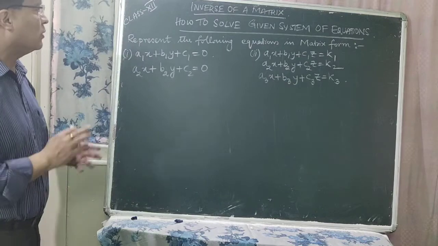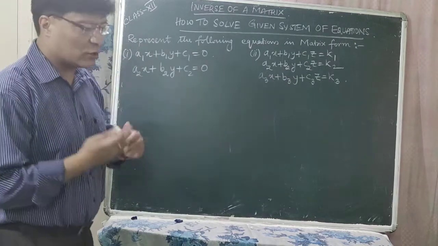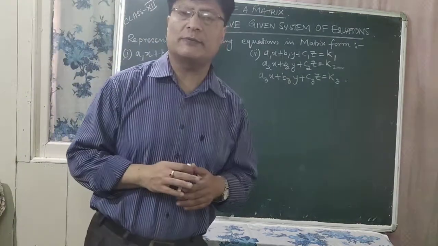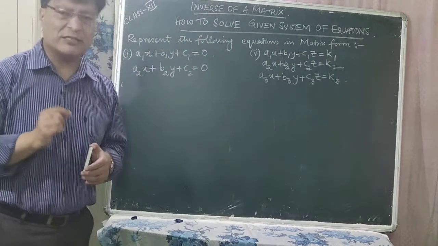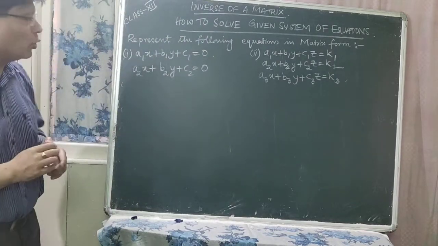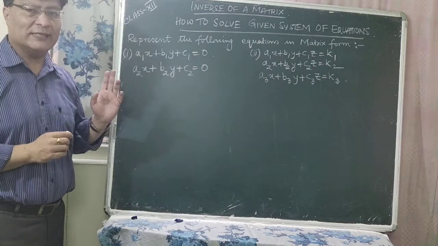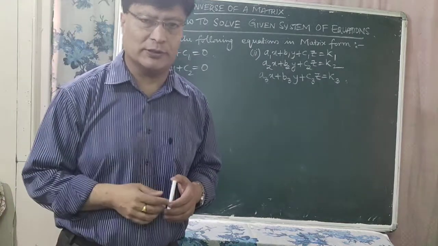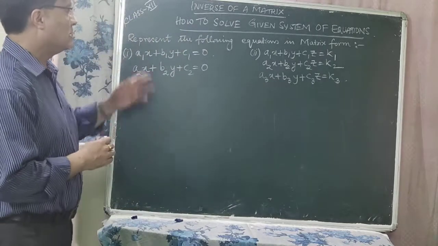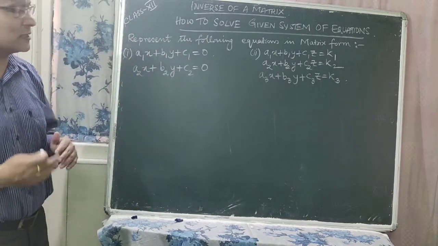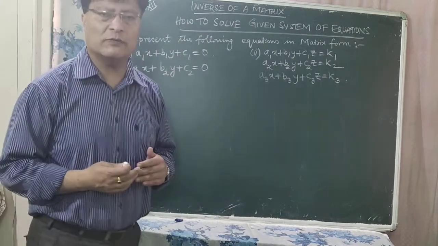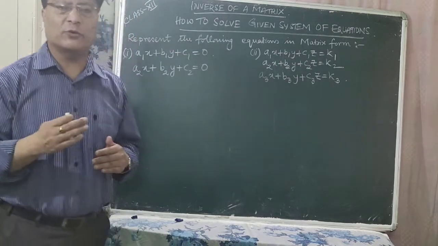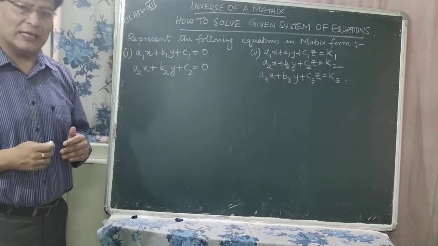Now, in order to solve this given system of equation with the help of matrix inversion method, you have to know the basic things, how to convert the given system of equation into matrix equation. Now let us discuss how to convert given system of equations to matrix equation.